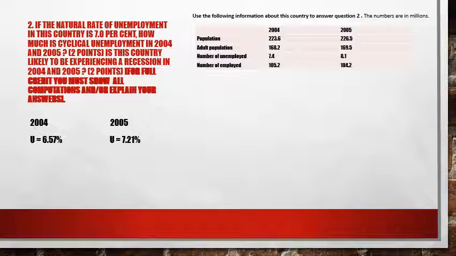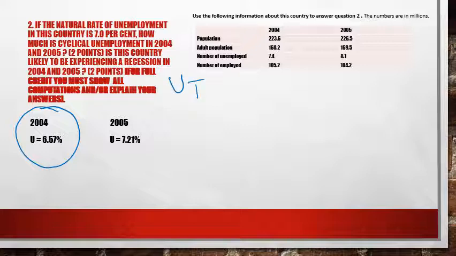The best indicator to determine whether our country is undergoing a recession is obviously cyclical unemployment, not natural unemployment, but cyclical unemployment. So let's do it for 2004 first. We're going to use this equation here.